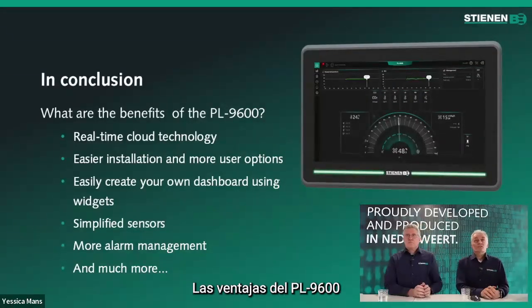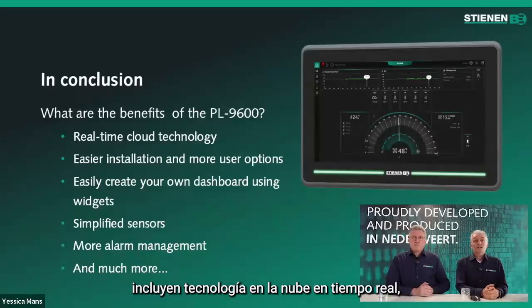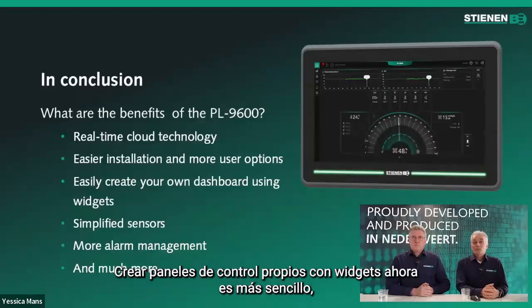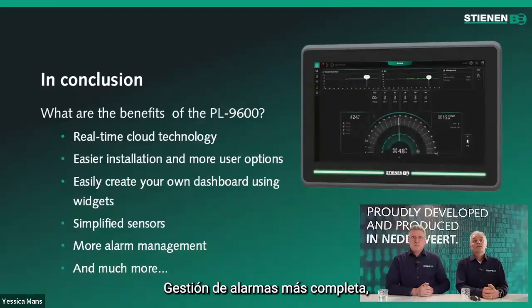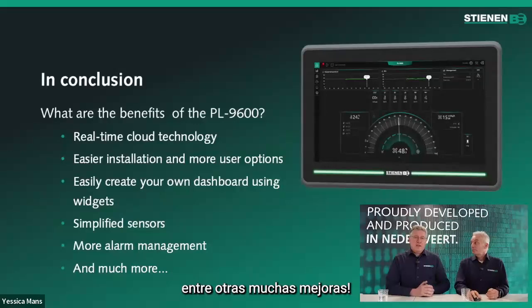And what are the benefits of the PL-9600? Real-time cloud technology, easier installation and more user options, easily create your own dashboard by using widgets, adding and customizing temperature sensors is simplified, more comprehensive alarm management. And much more.